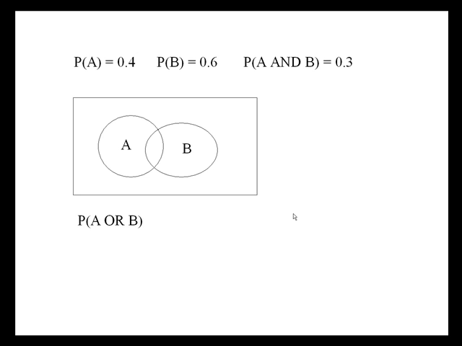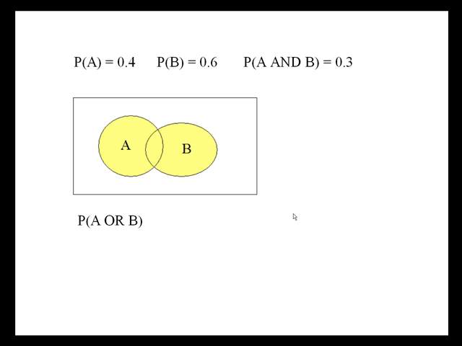So where is the probability of A or B? Take a second and see if you can shade in the correct area. Hopefully you shaded this entire region. This is A or B, and you'll notice that A or B includes the overlap, A and B.